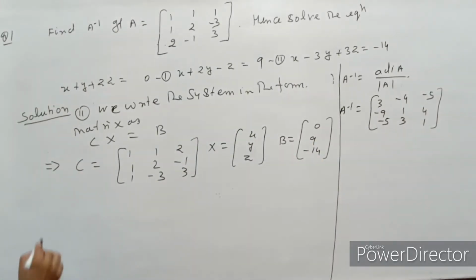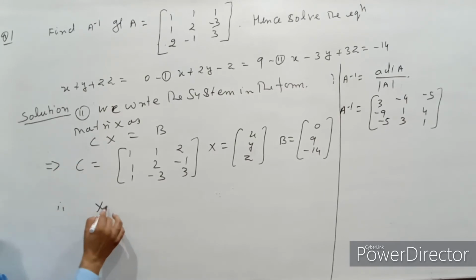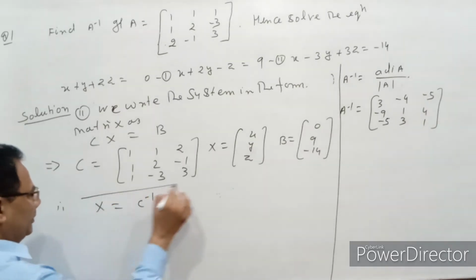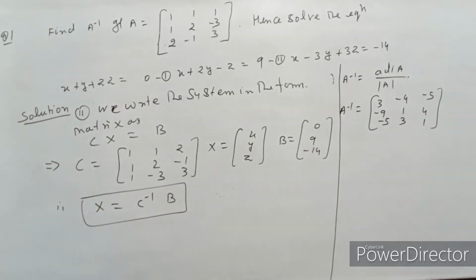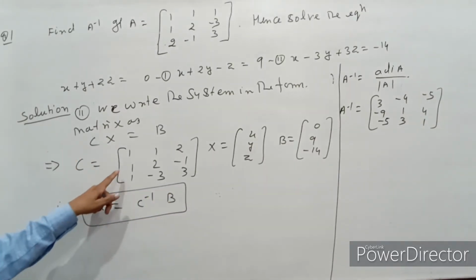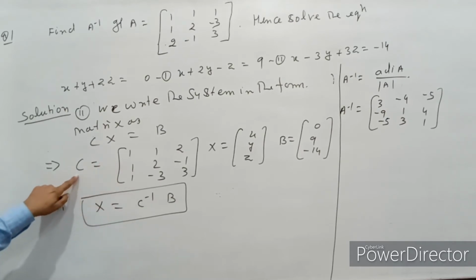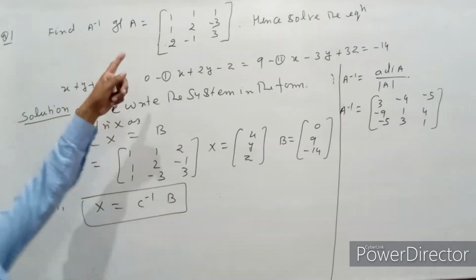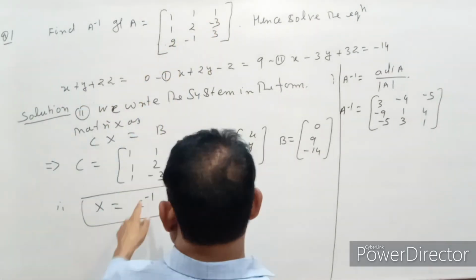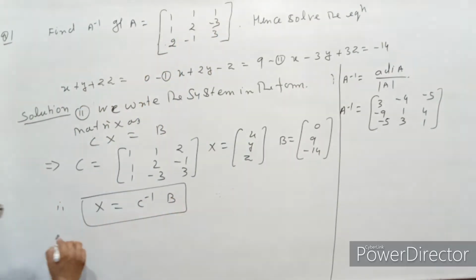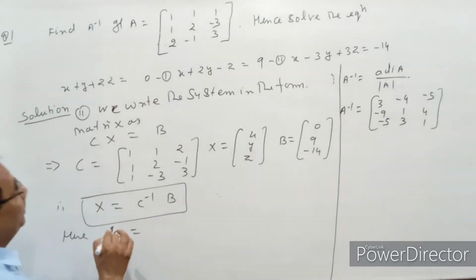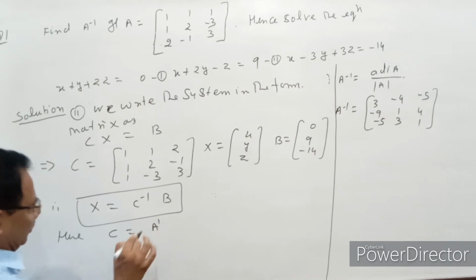So therefore, here X should be equal to C inverse B. But here, if we observe the matrix relation between the matrix A and C, if we see the relation, we get here the matrix C should be equal to A transpose.